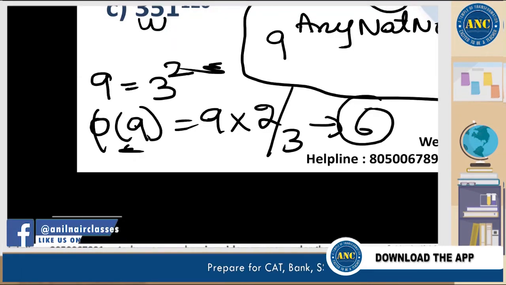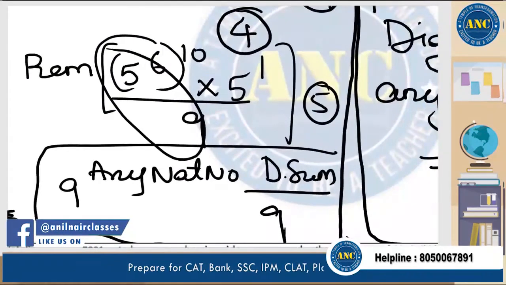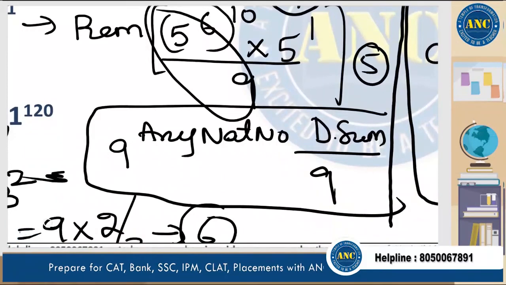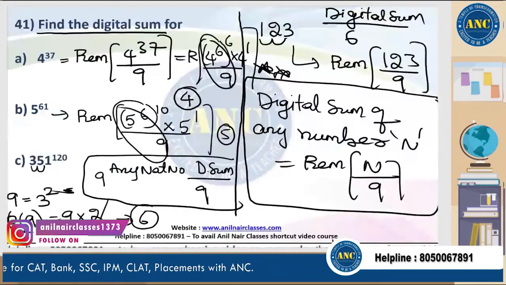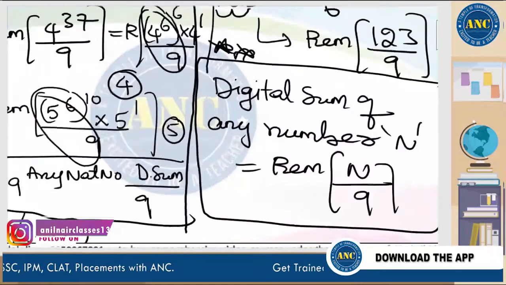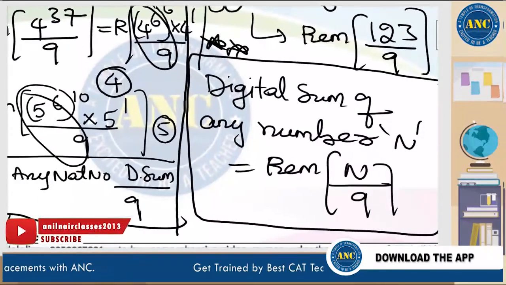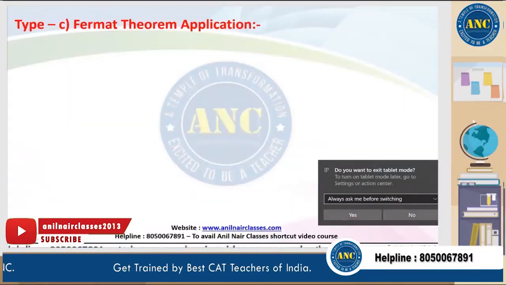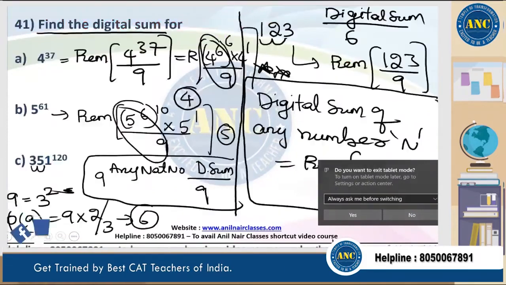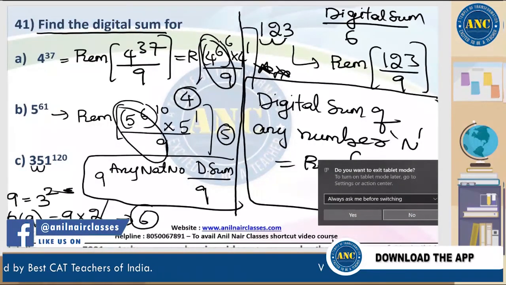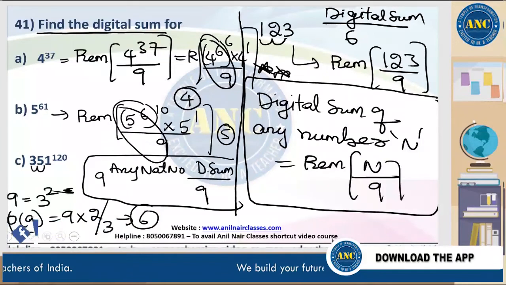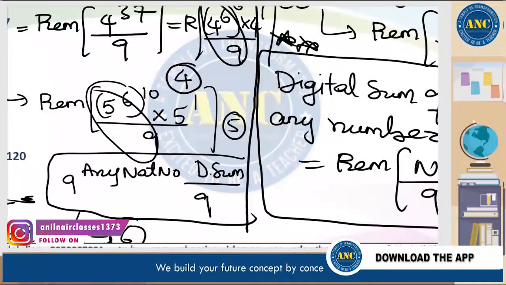Solve one more question. 122 factorial. Another beautiful question.